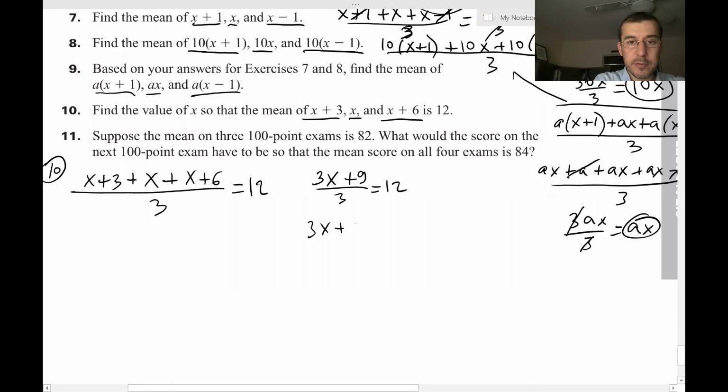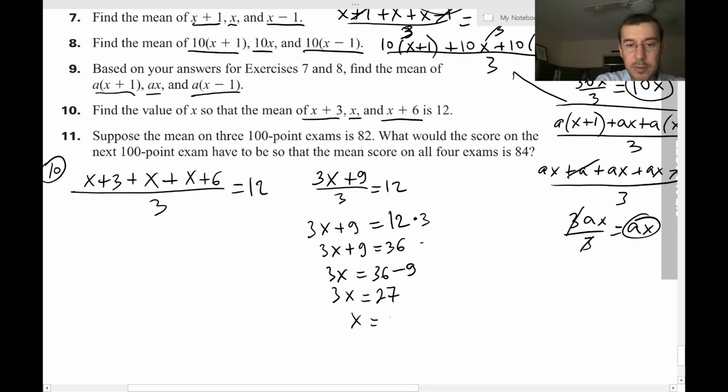Or 3x plus 9 equals 12. 3 divides on this side, it's going to multiply on the other side. So 3x plus 9 equals 36. 12 times 3 is 36. And then just 3x equals 36. Plus 9 on the other side of the equal sign will be minus 9. So 3x equals 36 minus 9 is 27. Or just x equals 27 divided by 3, or that's 9. So x is 9. That's number 10.